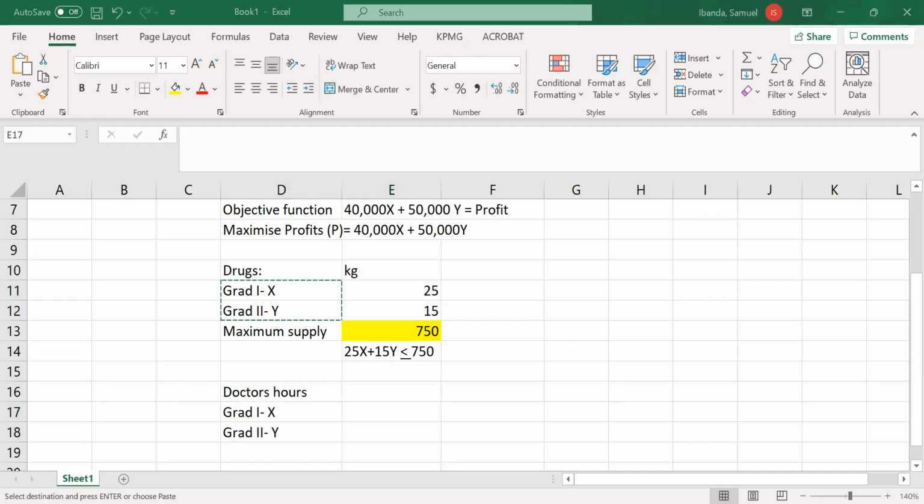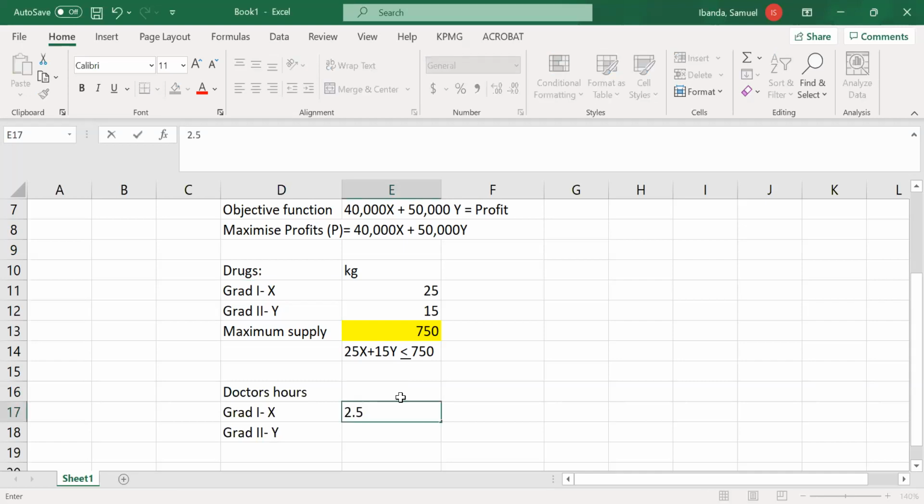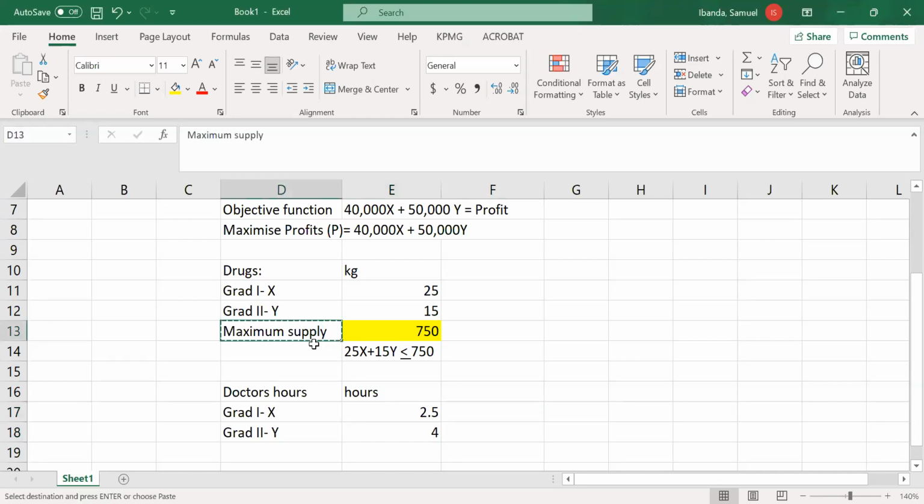So we have 2.5, these are hours, and then we have 4. Now we have the maximum supply of the doctor's hours, which is to the tune of 150.